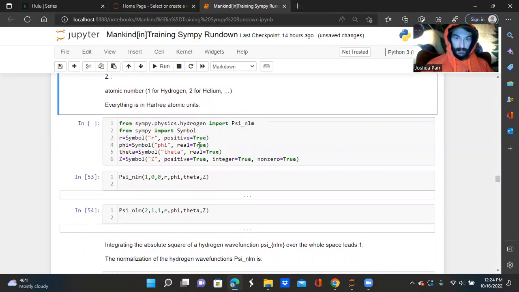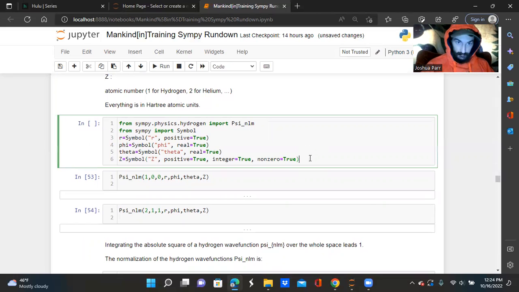So we're importing psi now, which is the wave function. And I'm creating all of these variables, and I am saying what they are, what they do.